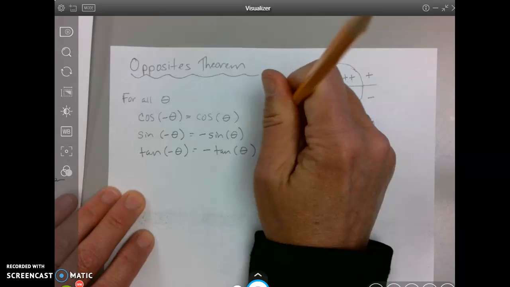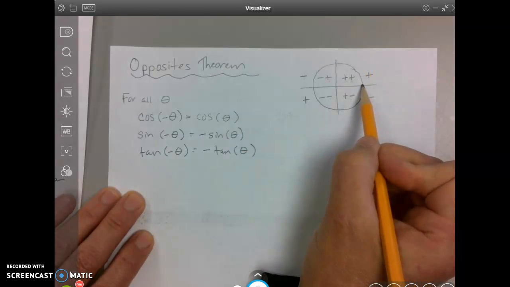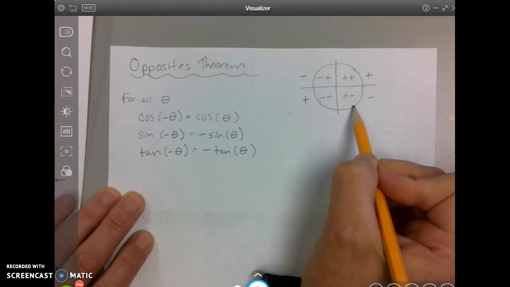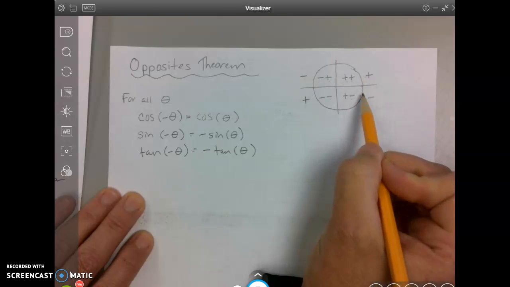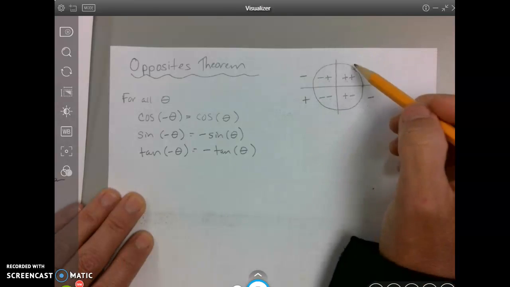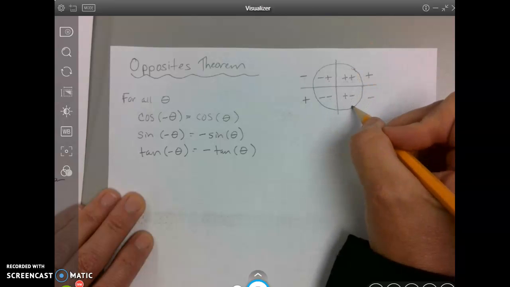Now, I don't know if you noticed this, but when I went to, let's say, 20 versus negative 20, or 120 versus negative 120, I always end up in quadrants that are above and below.